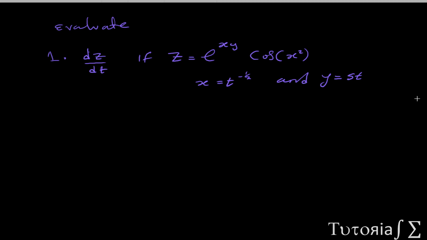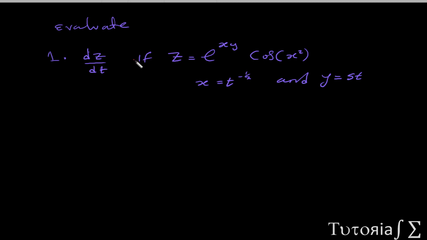We are looking at AP Calculus. This is differentiation of multivariate calculus. So basically, we are trying to differentiate z with respect to t.